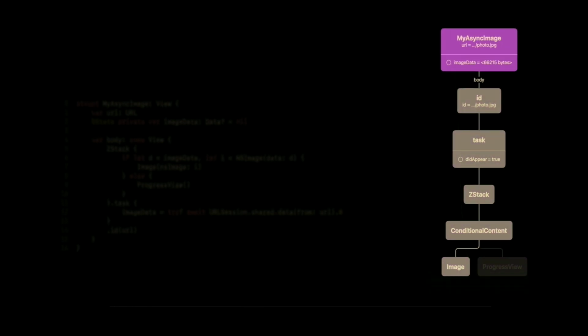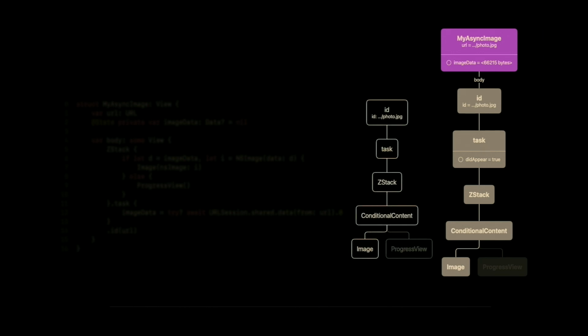Because the property changed, the render tree is now invalidated, and we need to construct a new view tree. And then SwiftUI constructs a new view tree with the same ID in this case. The task and the ZStack and the conditional content are the same. What's hard to see here is that we now have loaded the new image, and we can display that. So SwiftUI will update our render tree with this new image, and all is good.